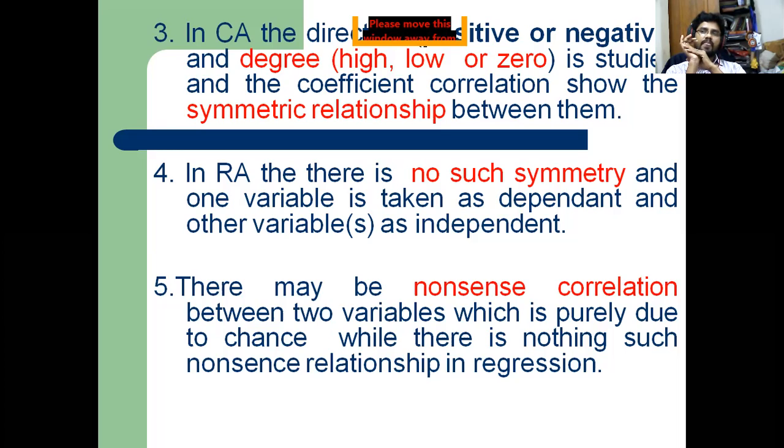But they don't know whether any relationship exists between the two variables or not. So as economics students, we need to know first whether there is any relationship. There may be a nonsense correlation between two variables which is purely due to chance. Sometimes, due to chance also, we will get a correlation value, while there is no such nonsense relationship in regression.